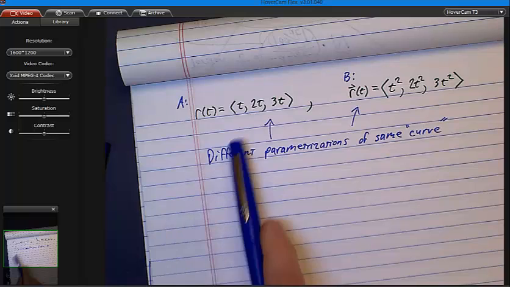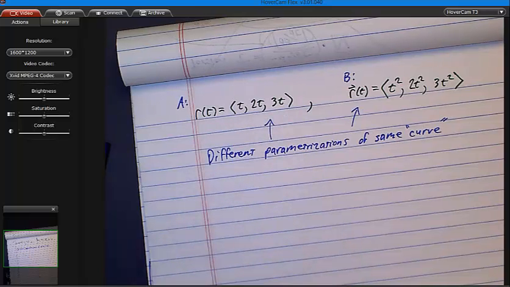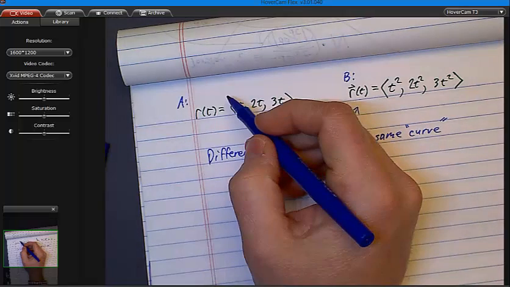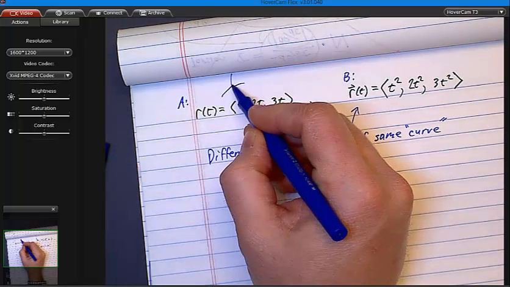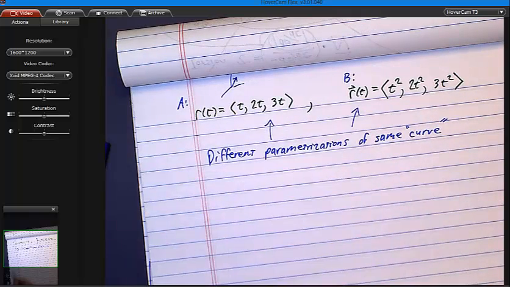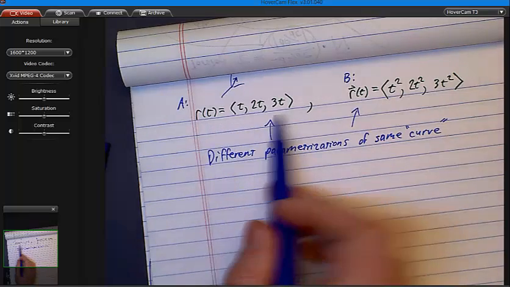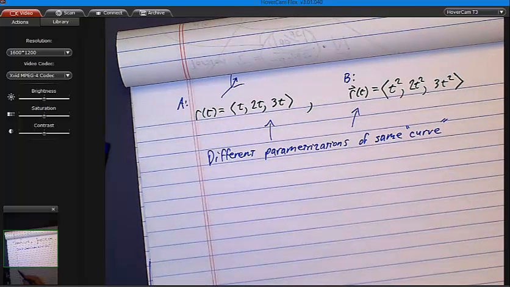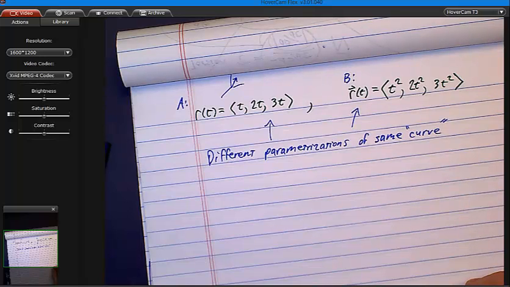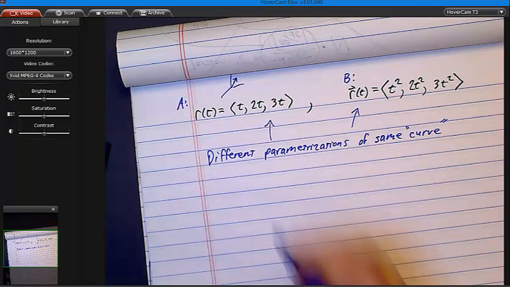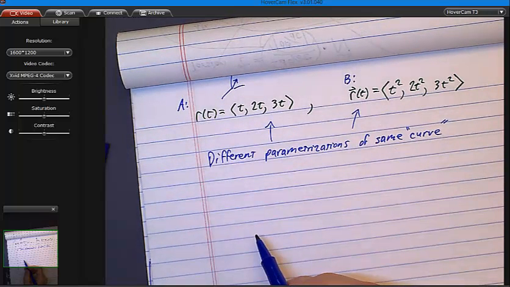And then if you plug in a 2 for t, you get 2, 4, 6. It's a line, right? It's a line, okay? So in 3 space, coming up out of the origin, we're on some line. And so the question is, do you go this fast or do you go that fast? When you go t squared, it will start to speed up as you leave the origin. So it's like inverse gravity. I don't know what it is. Well, I kind of do know what it is. All right. So, but that's what we're doing here.